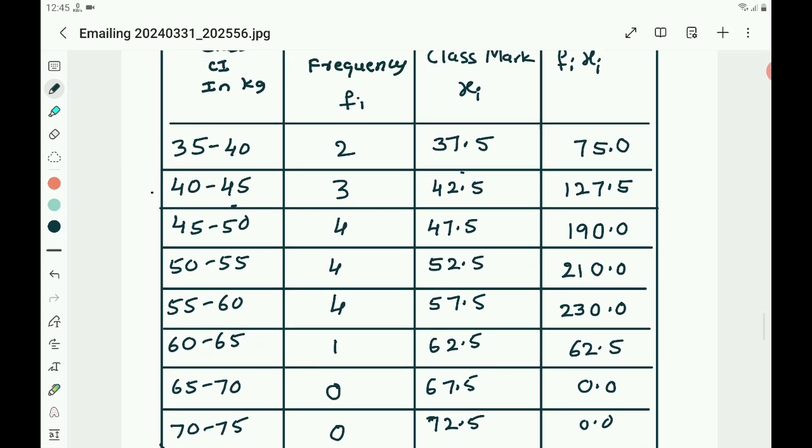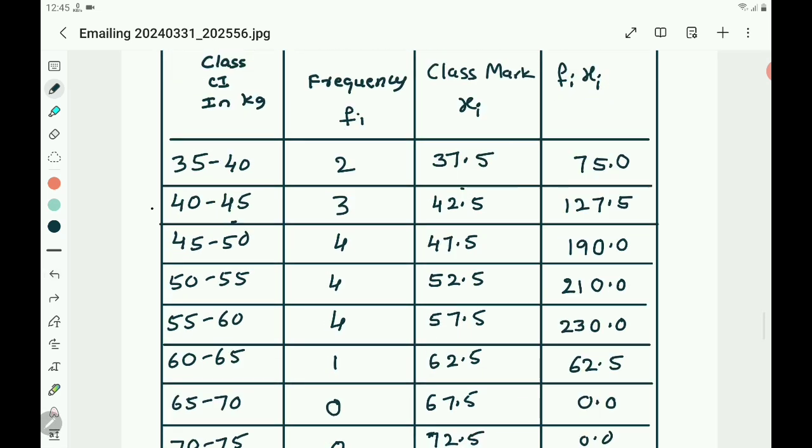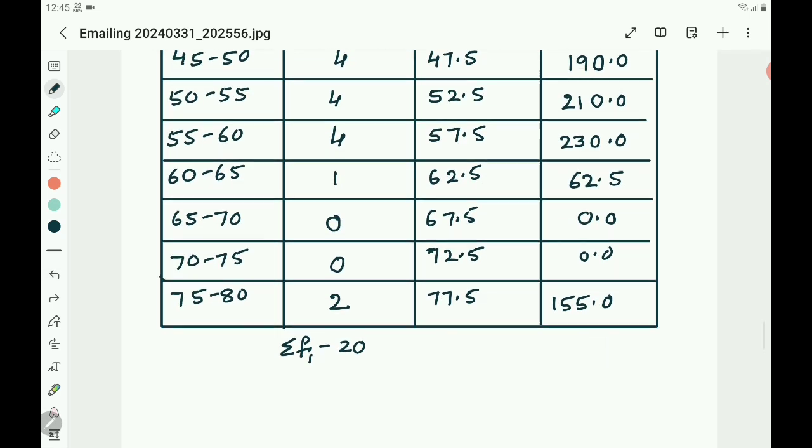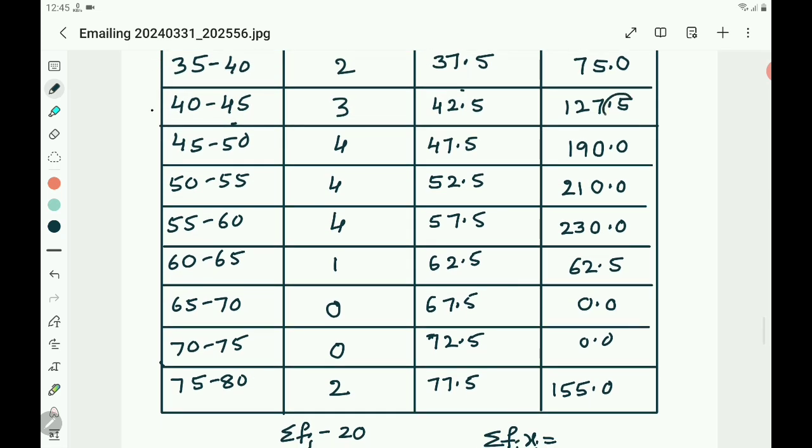Next, find sigma fi xi. Sigma fi xi is the sum of all fi xi. Then you write the sum of all fi xi. Now 5 plus 5, 10.